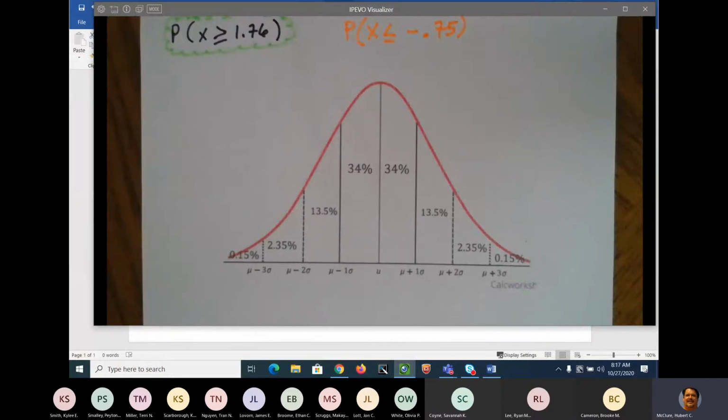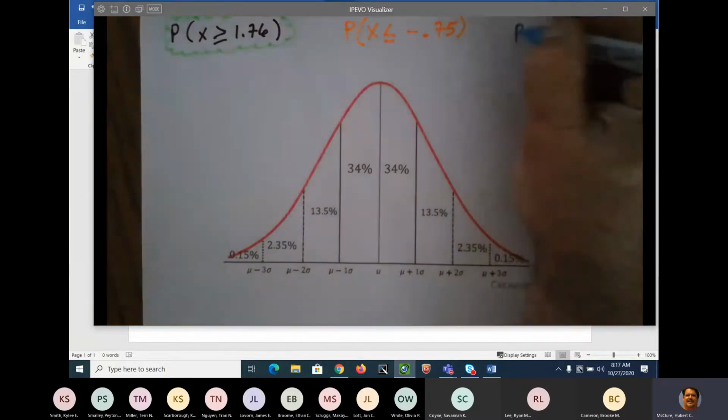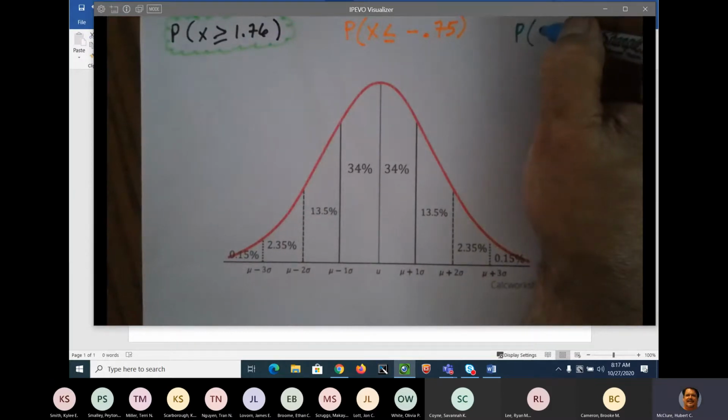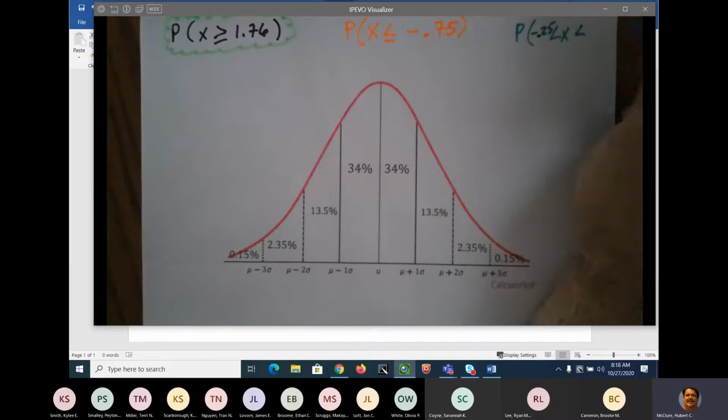And then in blue, we will do the probability of x being between negative 0.25 and 1.5.